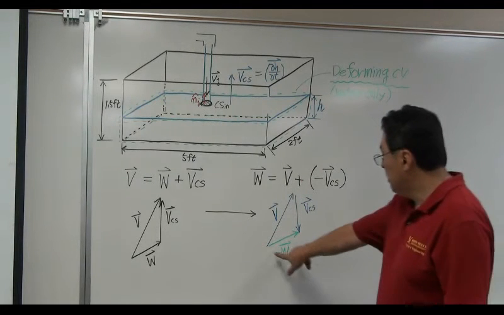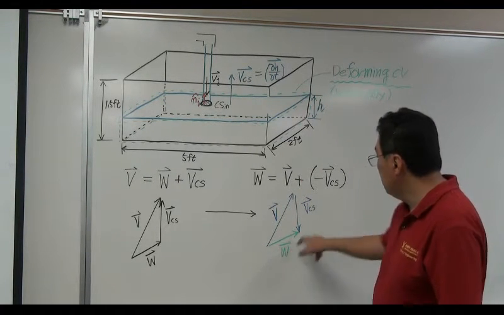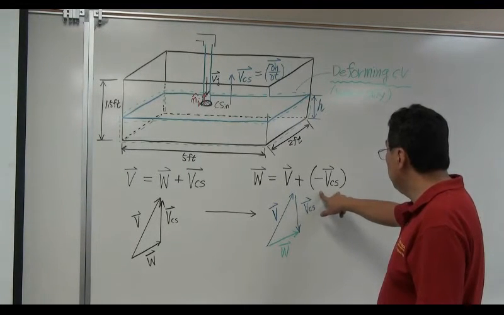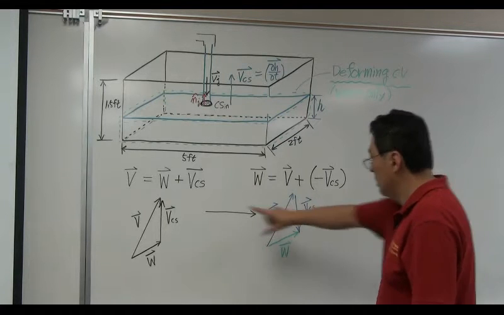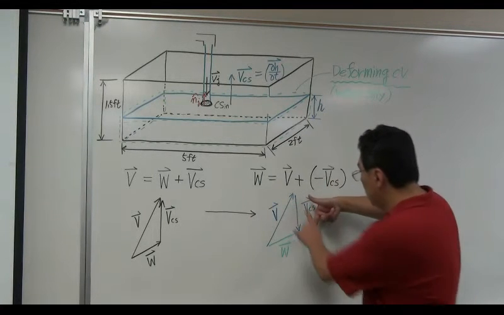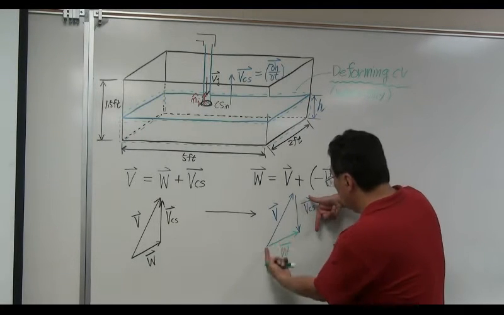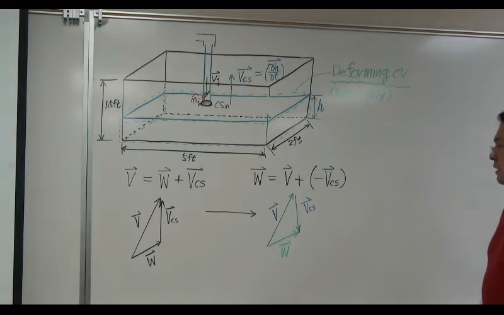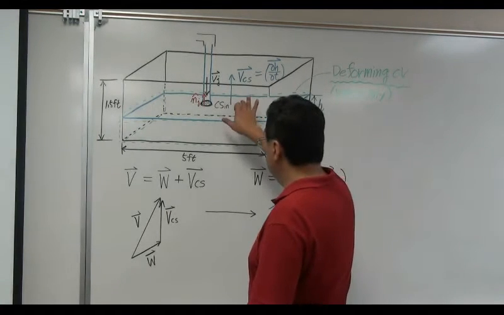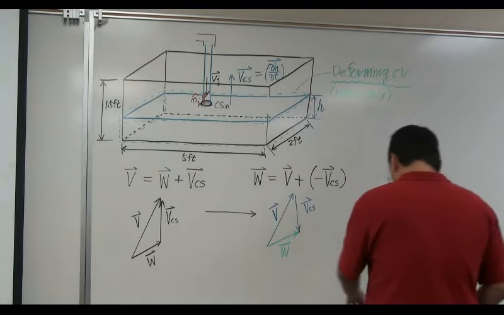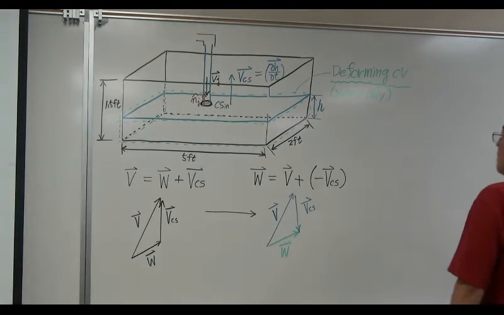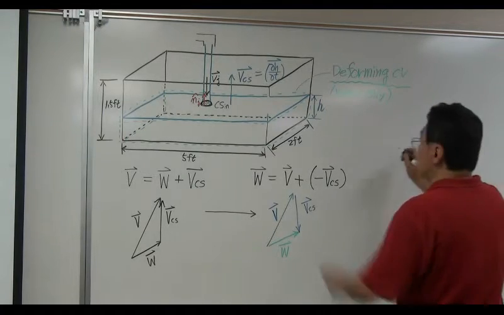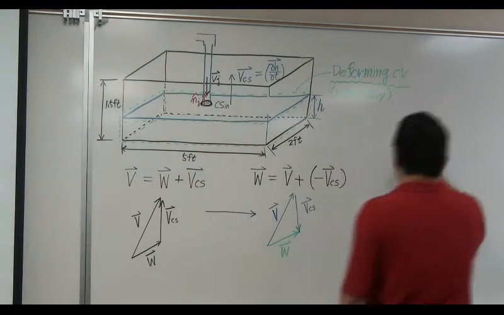So in order to determine relative velocity W relative to the moving control surface, you have to flip-flop the velocity VCS. Then that flip-flopped velocity VCS is added to the velocity V to get the W. So let's apply this situation to that. Okay. So let me just right here. Let's just zoom in around here.